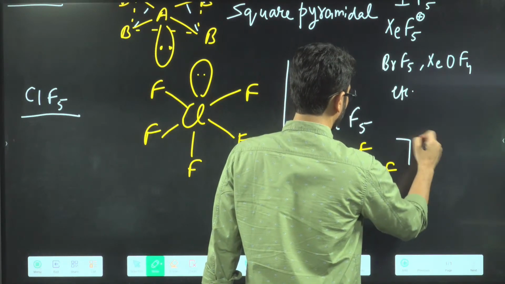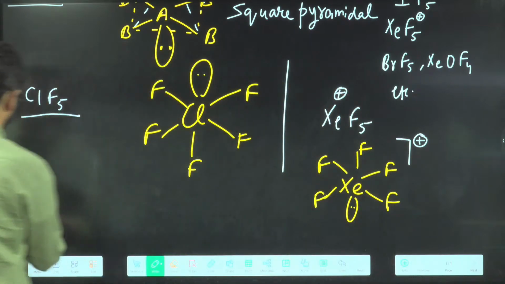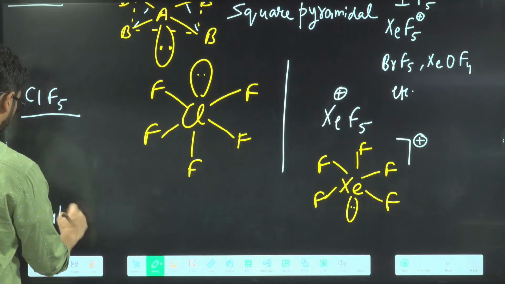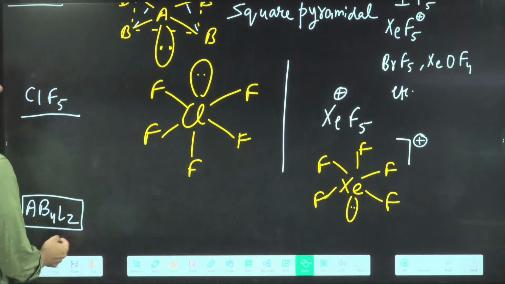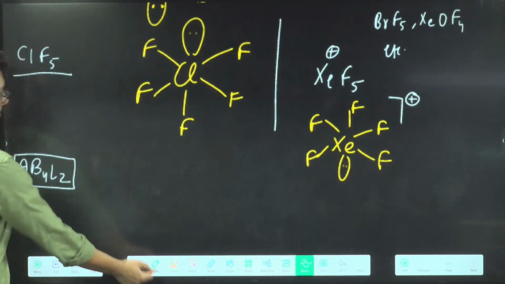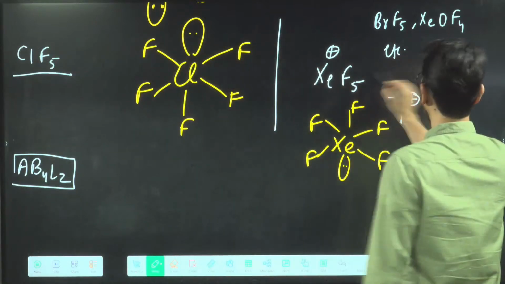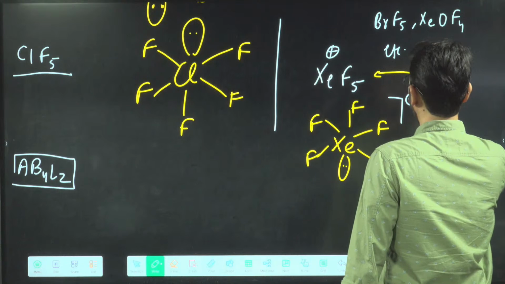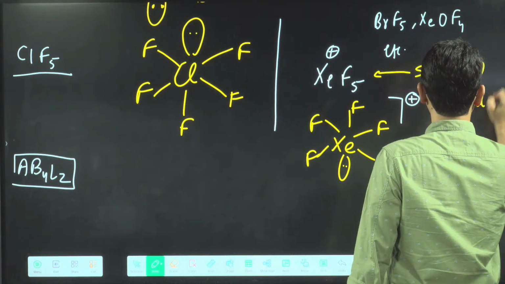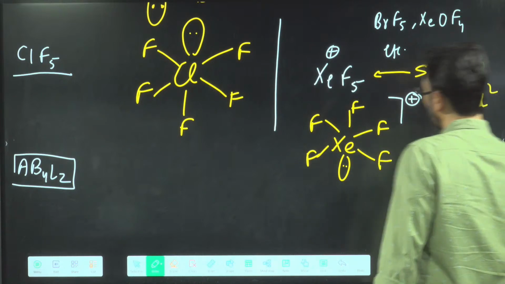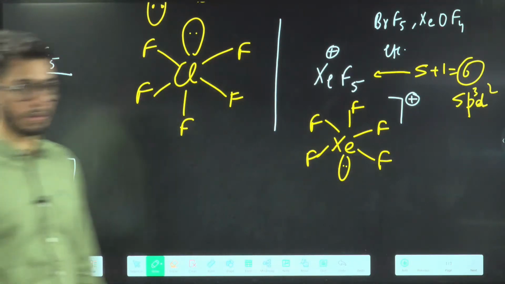Net charge outside +1. For XeF5+, hybridization of xenon will be 5 sigma bonds, 1 lone pair, 6, so sp3d2 hybridized. You can reframe this for all the examples and find out their hybridization also.